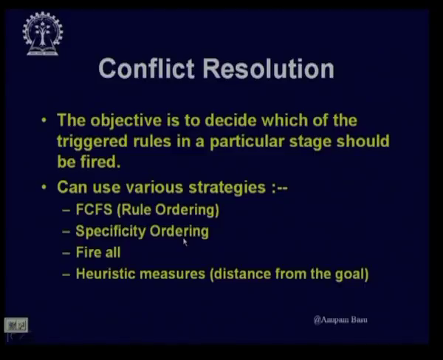Let us consider a scenario, say if A then X. Another rule says if A and B then X. I repeat, if A then X, where A is a predicate, and the second rule says if A and B then X. Now, which of these rules is more specific? So, assume that both the facts A and B are true and are there in the fact base. So, both these rules are triggered.